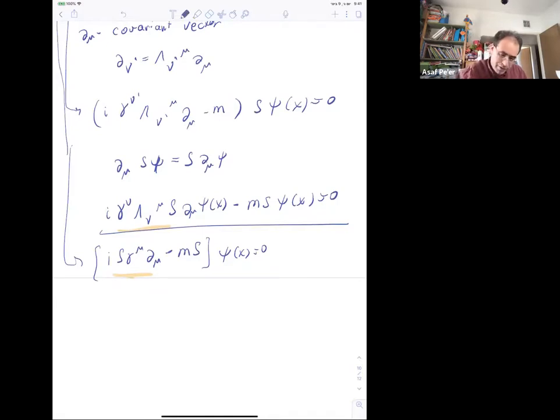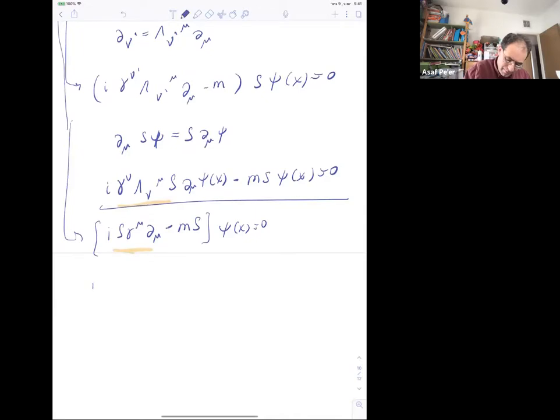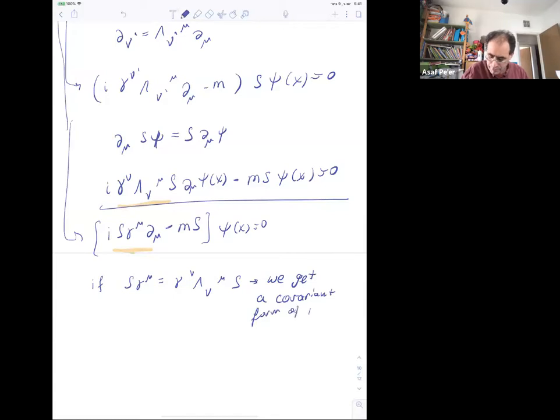In other words, if I can show that S gamma mu is gamma nu lambda nu mu S, then we get a covariant form of the Dirac equation. So this is the condition that the matrix S needs to fulfill in order for the Dirac equation to be covariant, right?